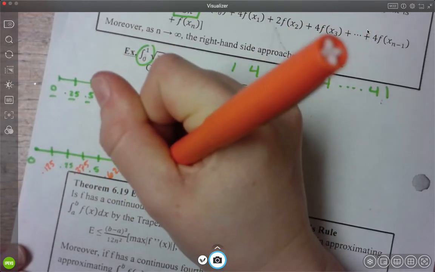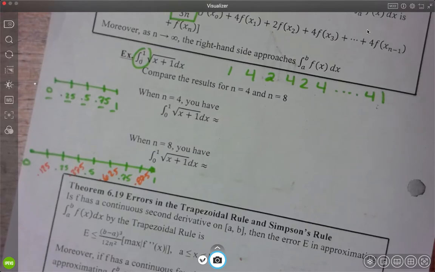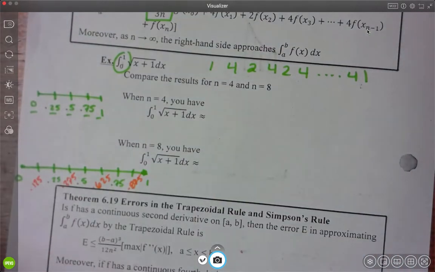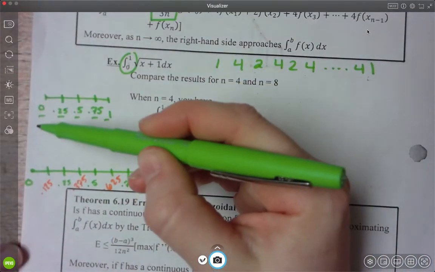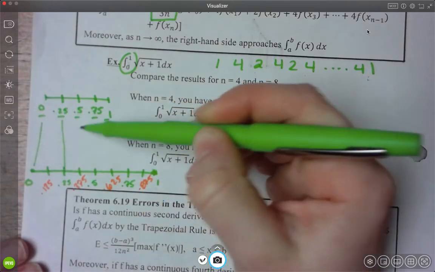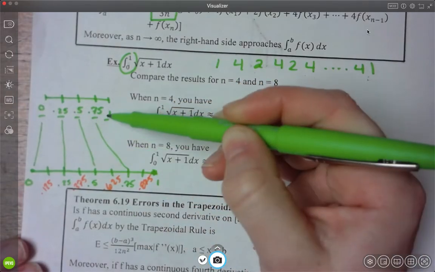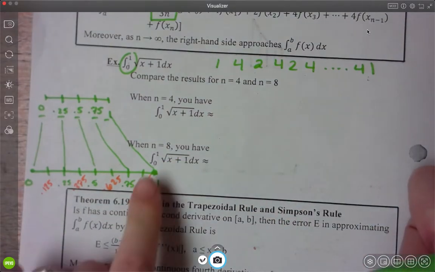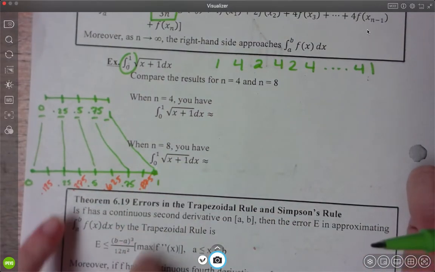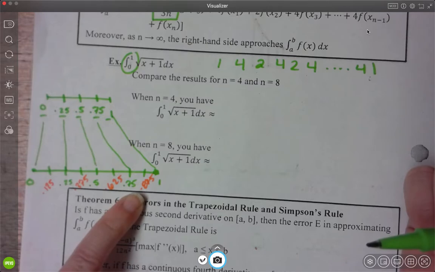That's what those guys will be. And notice, you can see the way that I have this set up, that this number and this number and this number all end up coming down into the same position. But when we were doing 8 now, we have 4 more that we're adding into the middle there.